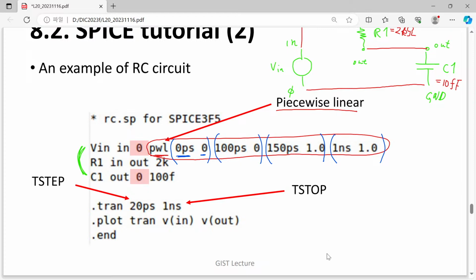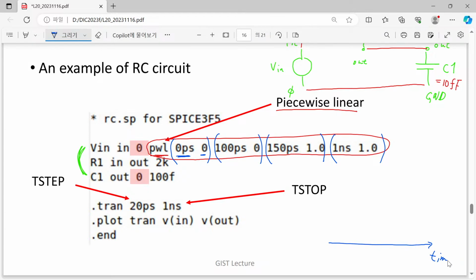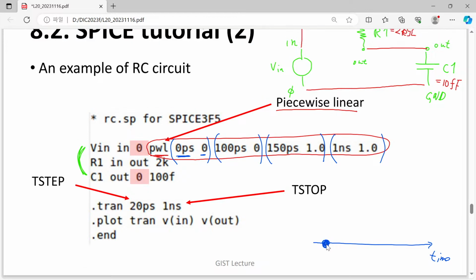So let me just draw in this way. This is the time axis, and following its specification, at time equals 0, it has a value of 0. Even at 100 picosecond, yes, it is 0.